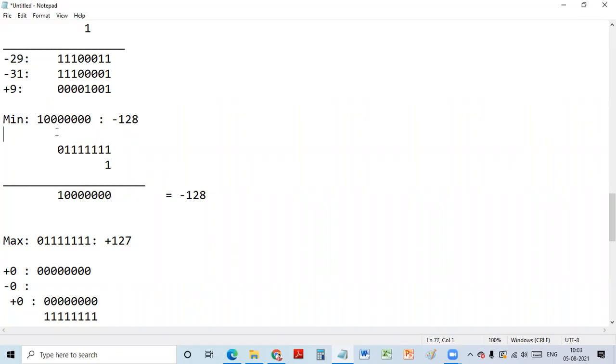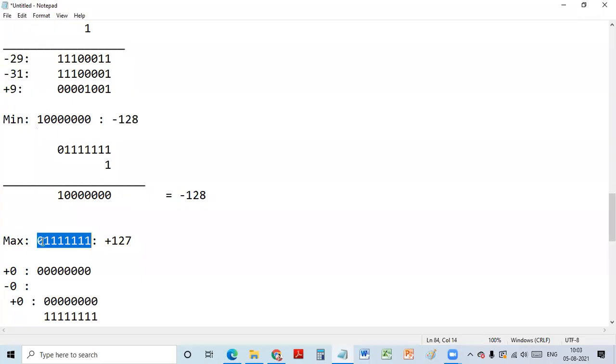To get the minimum value, first we need to take 0 and all ones. You are assuming that as the minimum number, right? No, maximum number. That only I have taken as maximum. After that, we need to convert into one's complement and then add.